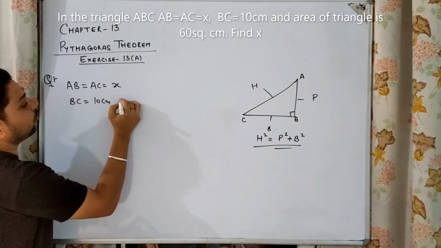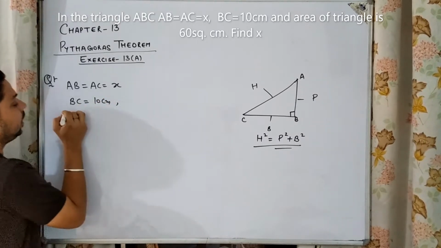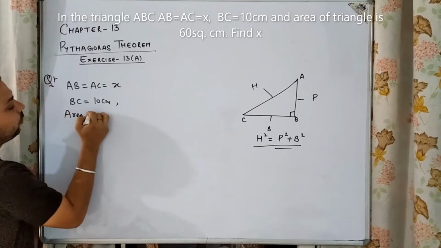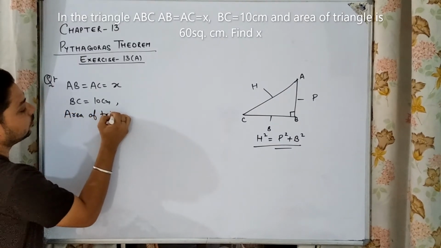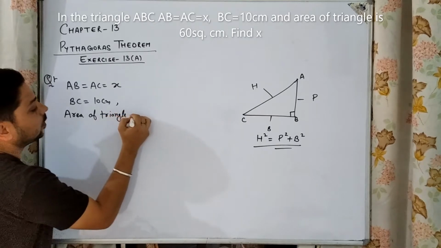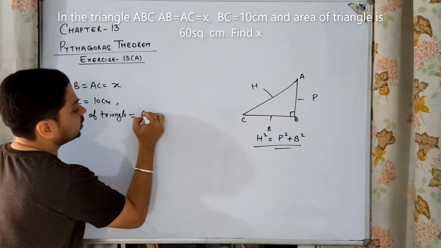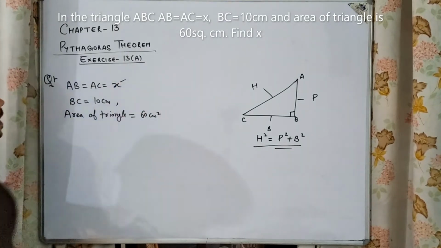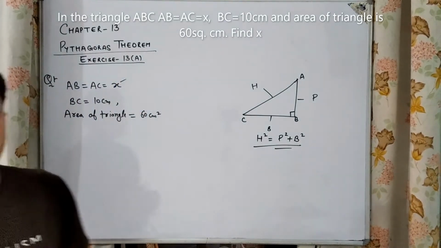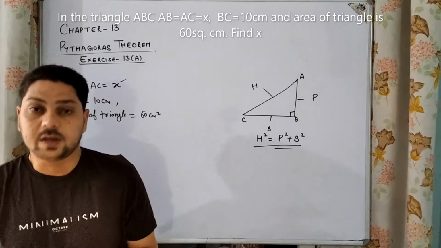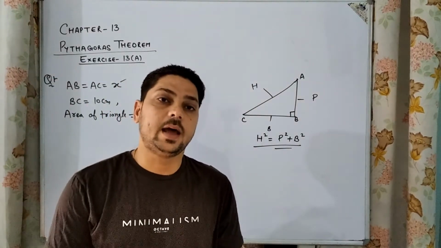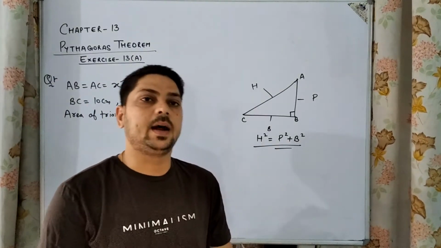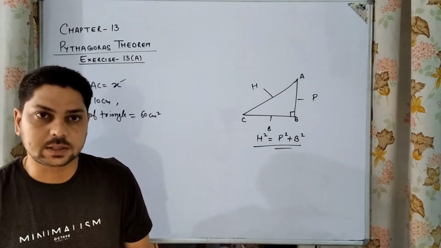If the area of the triangle is equal to 60 centimeter square, then find the value of x. First write what is given here, then make a diagram to explore this question.